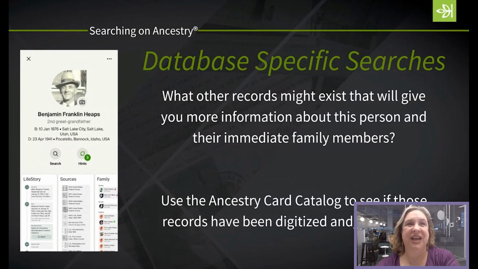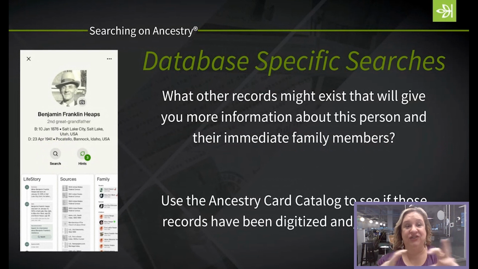It could be because they went by a nickname, and that nickname isn't in your tree, and it is on the record. It could be because the record was listed with just their initials, and we're looking for Benjamin Franklin Heaps, not BF Heaps. It could be because his next door neighbor is the one who answered the census taker's questions, and he thought he was 10 years younger than he was.